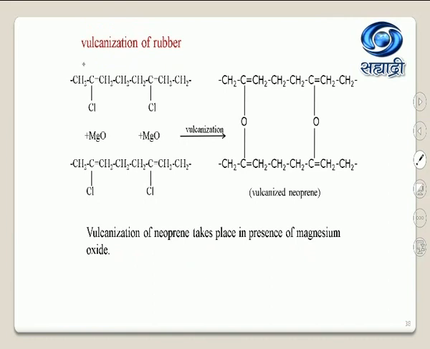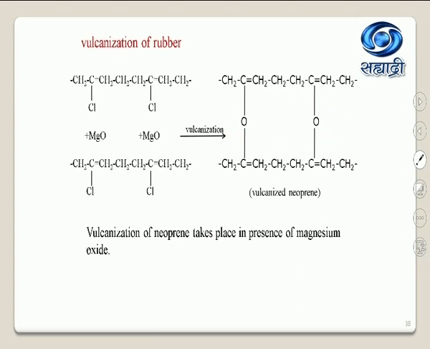Then vulcanization of this neoprene rubber is carried out by using magnesium oxide, and this magnesium oxide supplies oxygen as the vulcanizing atom. That means oxygen atoms are introduced as the cross link between 2 linear chains of neoprene rubber. So this part is the vulcanization, that is, introduction of cross links in the form of oxygen atoms.